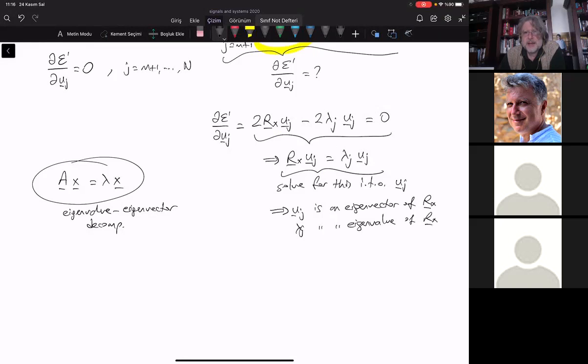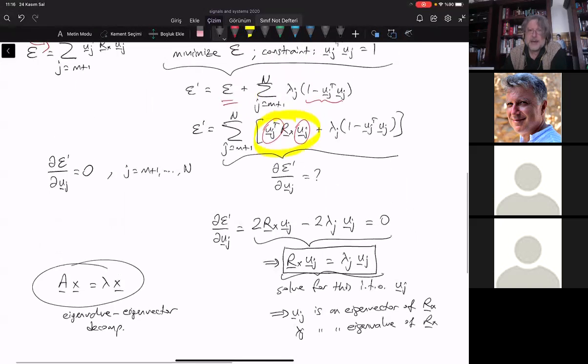Okay, this is an eigenvector eigenvalue decomposition formula. And all the things that you will find in the literature or on the web page regarding this Karhunen-Loeve transform, KLT, will start from here. They will say that the basis vectors are eigenvectors of the autocorrelation matrix Rx. They start from here, but actually it comes from these steps of optimization.